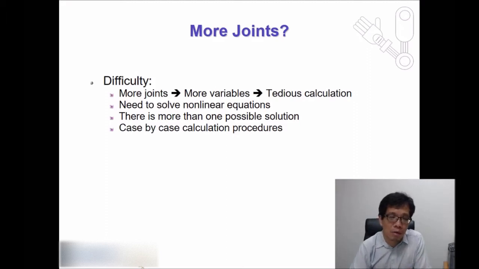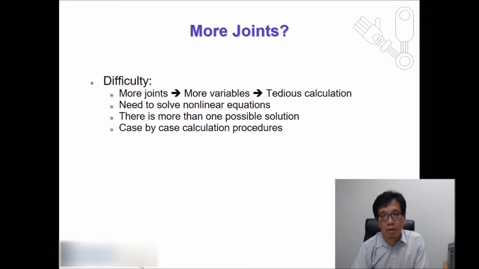So in this case, if we have more joints, we're going to have more variables, and it's going to be a very tedious calculation procedure. If you only have one link, then it might be easy for you to identify all the coefficients, but if you have more than two, then it is probably not calculation efficient.